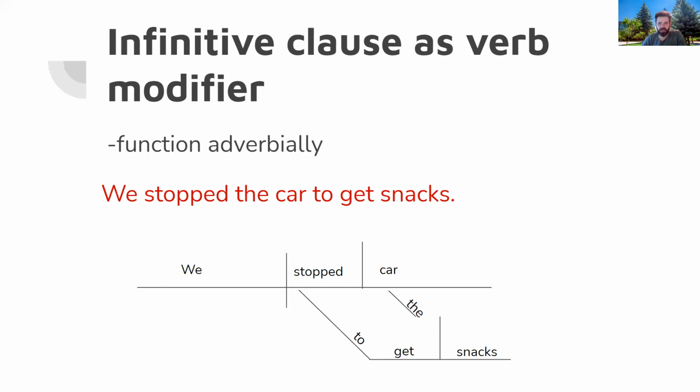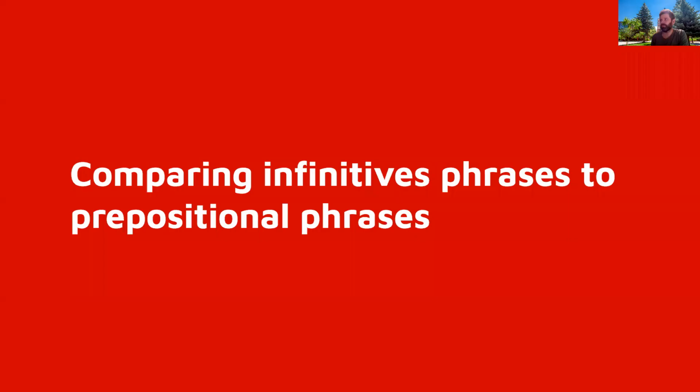The to get snacks should not come off of the car. Okay, it's not a description of the car. It's not that we stop the car that gets snacks. You know, the car's not getting snacks. It's not describing the car at all. It's describing the stopping action, the reason for stopping. Why was the car stopped?